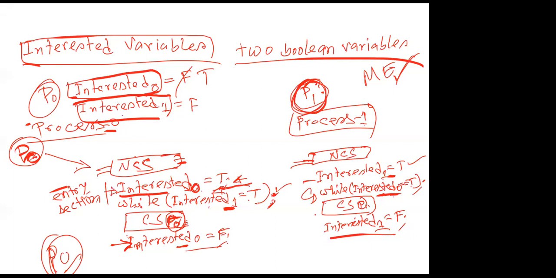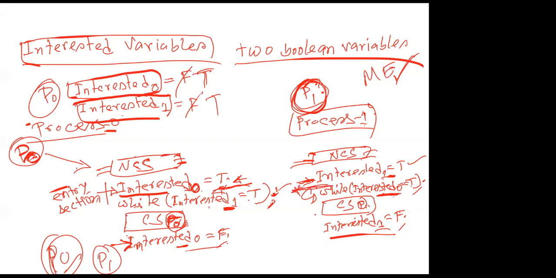Now P1 got the CPU. Process P1 executes the non-critical section, and after making interested[1] true, it also got preempted by the CPU.